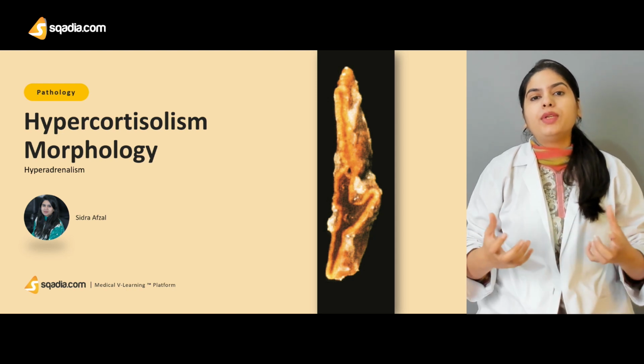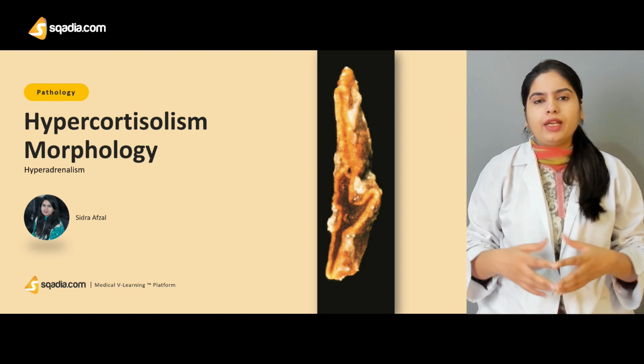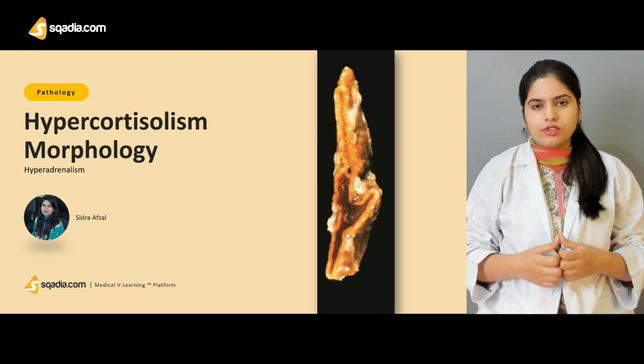That will lead to hyperplasia, and this overactivity can be due to a tumor or any hyperplastic condition.